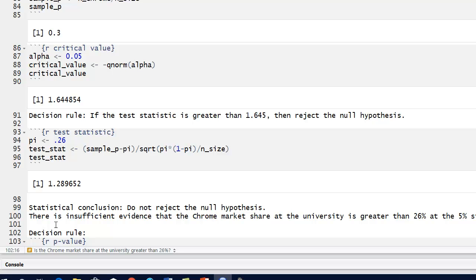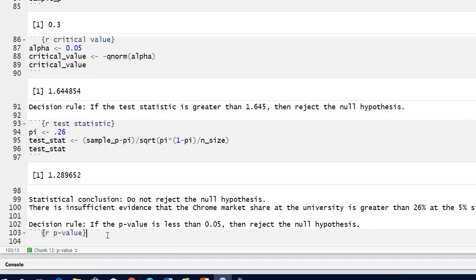If the p-value is less than 0.05, the significance level, we reject the null hypothesis. Now let's calculate the p-value. Here we're calculating the probability of collecting a sample and observing a sample proportion of 30% or more. This is a one-tailed test.